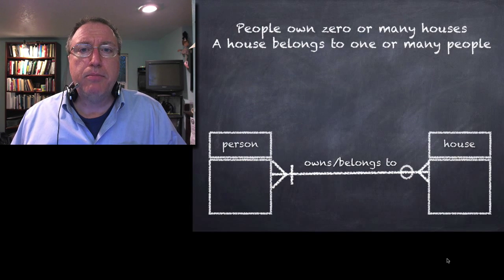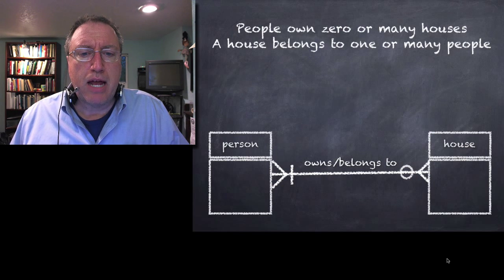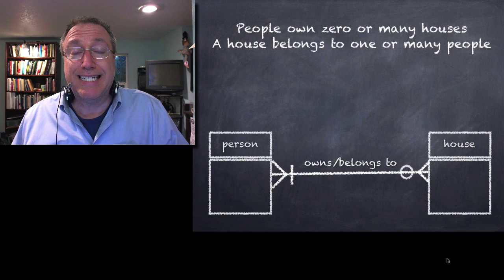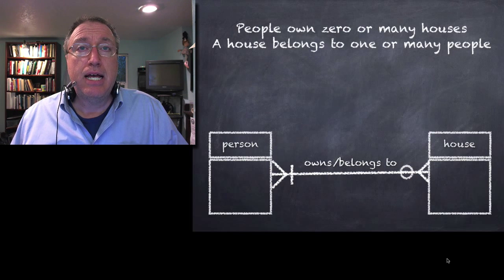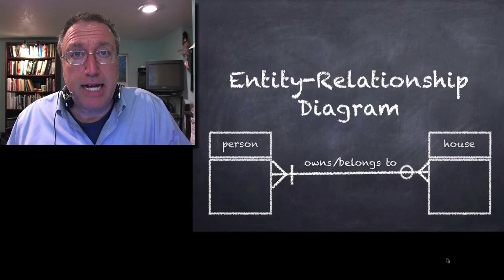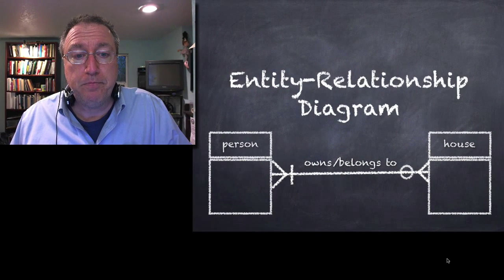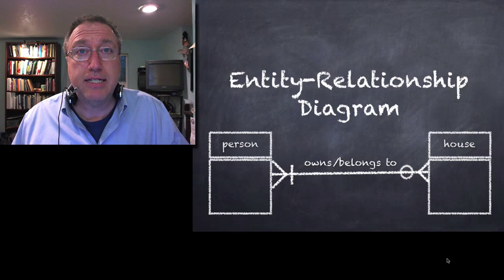So here we've got a business rule that's written in very simple language, and we've got a diagram that shows exactly the same entities and relationships in the form of an entity relationship diagram. There's lots of different formats for entity relationship diagrams.